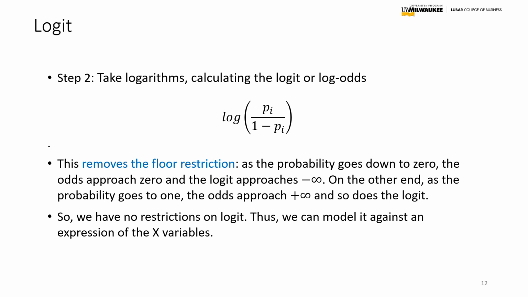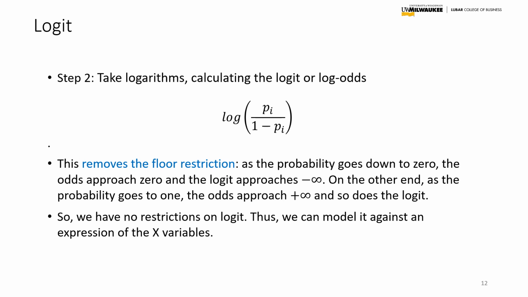We're going to resolve all this by taking our friend log. It's going to be the natural log. And the log of odds is sometimes referred to as log odds or logit. This removes the floor restriction. In particular, as the probability goes to 0, the odds approach 0, and the logit actually approaches minus infinity.